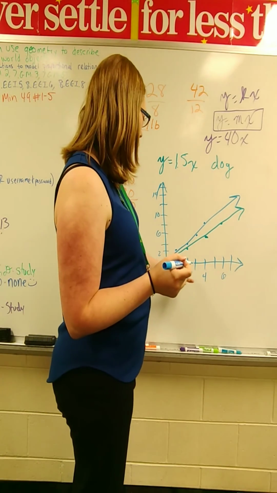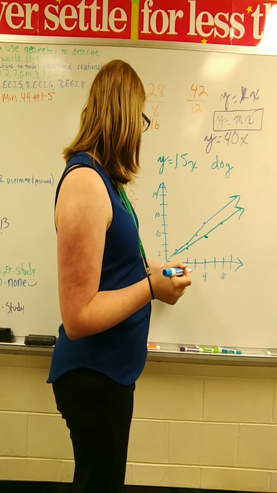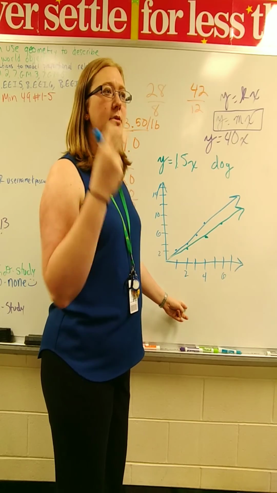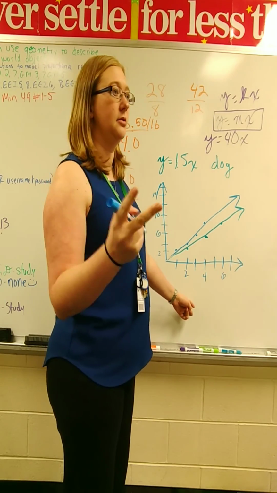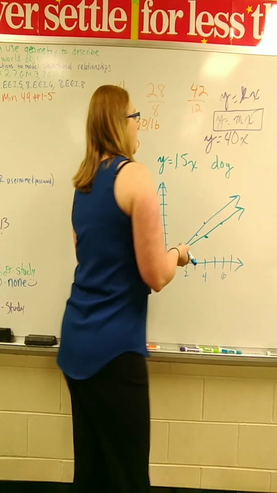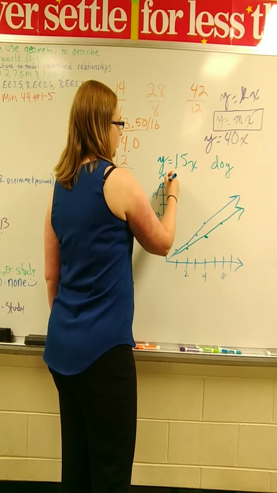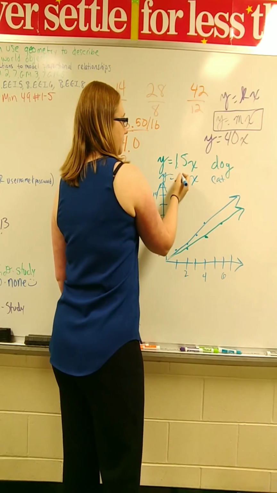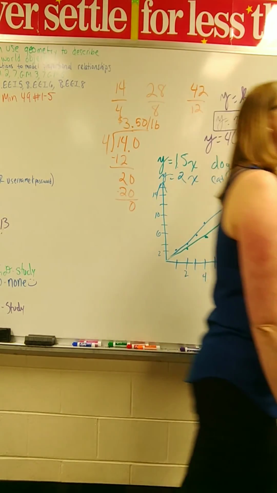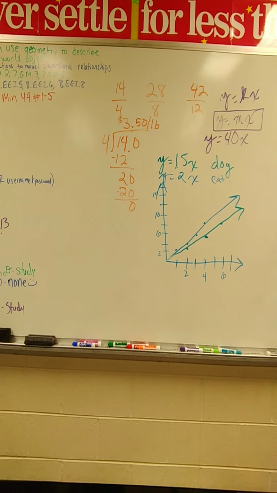And 4 divided by 2 is 2. And 6 divided by 3 is 2. So how would we write our equation for the cat? Y equals 2x.